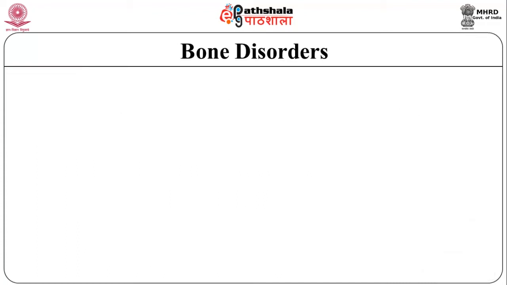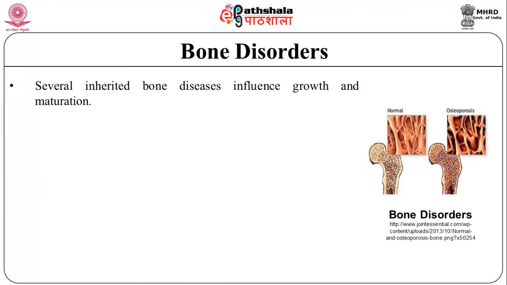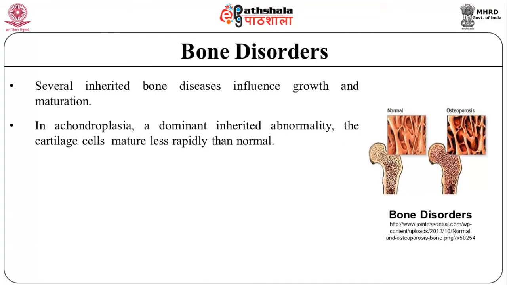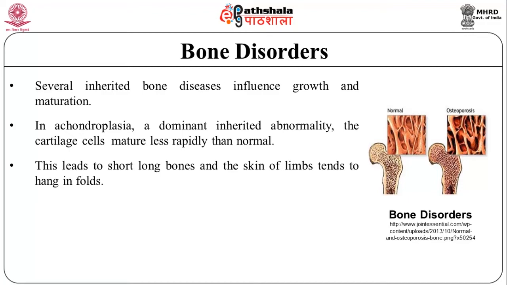Now, bone disorders. Several inherited bone diseases influence growth and maturation. In achondroplasia, a dominant inherited abnormality, the cartilage cells mature less rapidly than normal. This leads to short, long bones and the skin of the limb tends to hang in folds. Physical performance is not much affected.